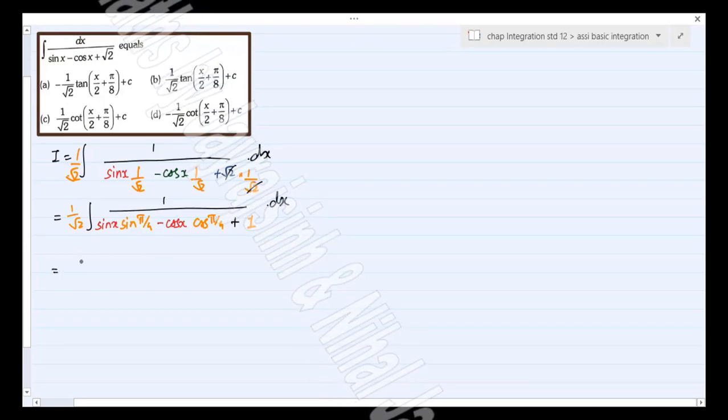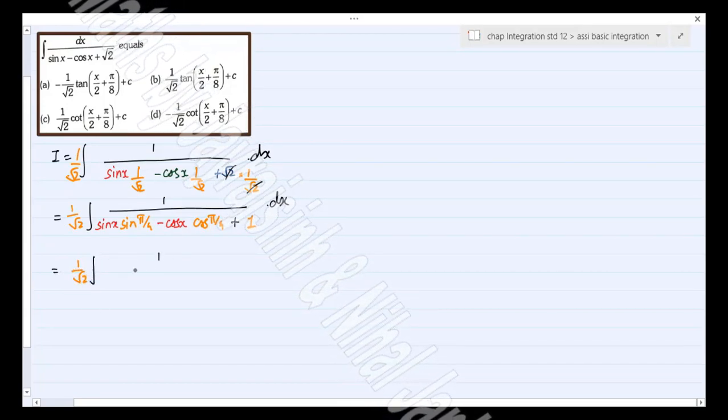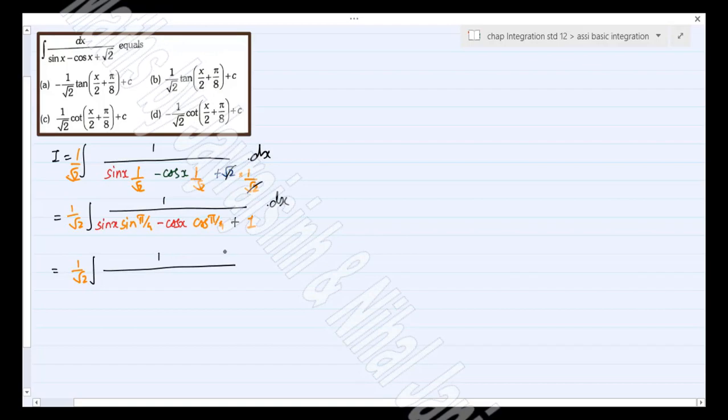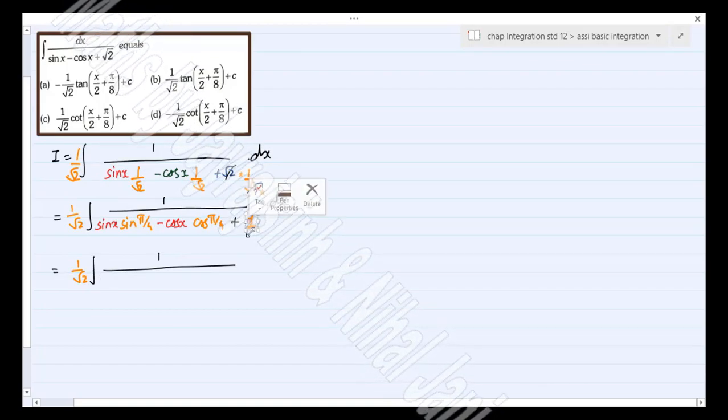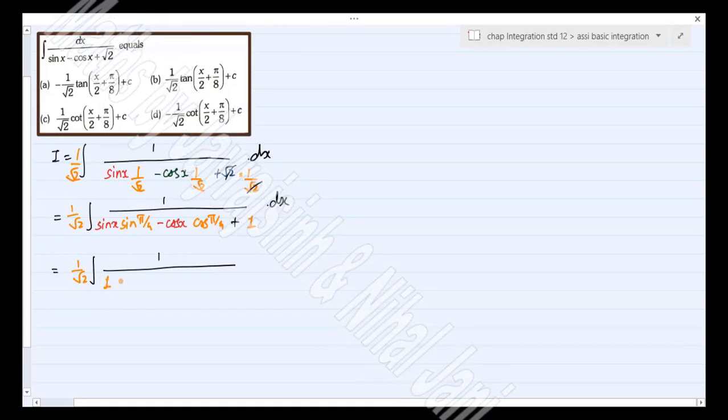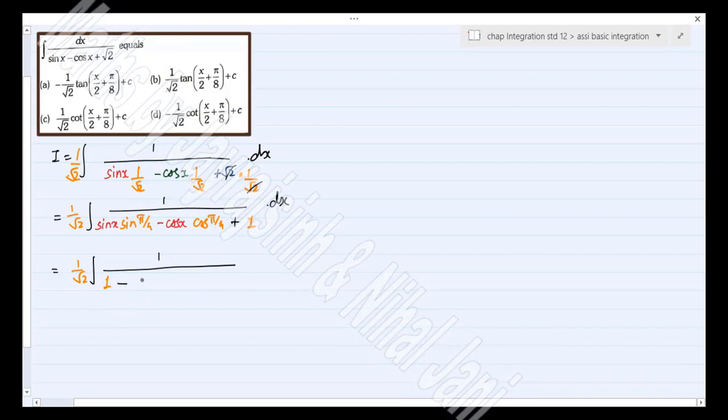Now, before we apply the formula, let's rearrange the terms in denominator. Let's say this 1 we will write down in first position and take minus common.